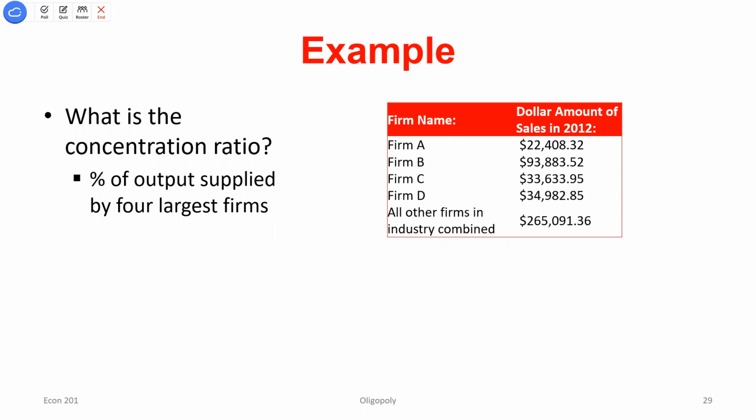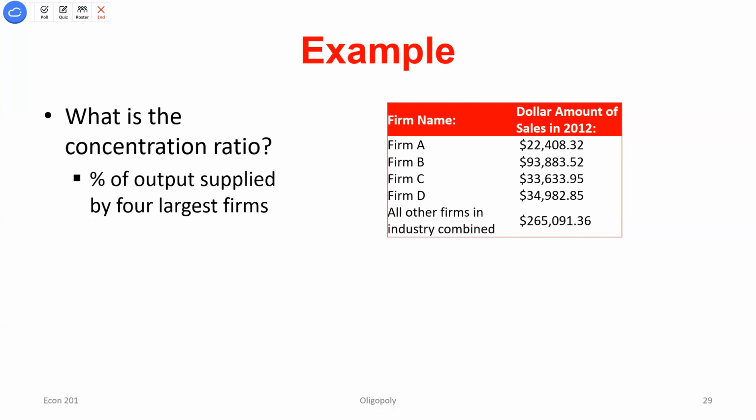Now, if I divide 22,408 by 400,000, I'm going to end up with the proportion of sales. This is going to have to be something that's less than 1. Everyone's math background is a little bit different, so anybody want to help me out? What does this end up being? 22,000 over 450,000. 4.9%.